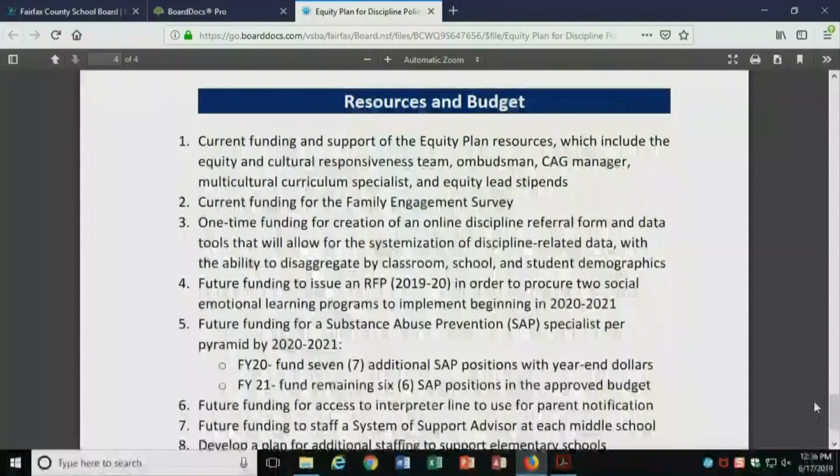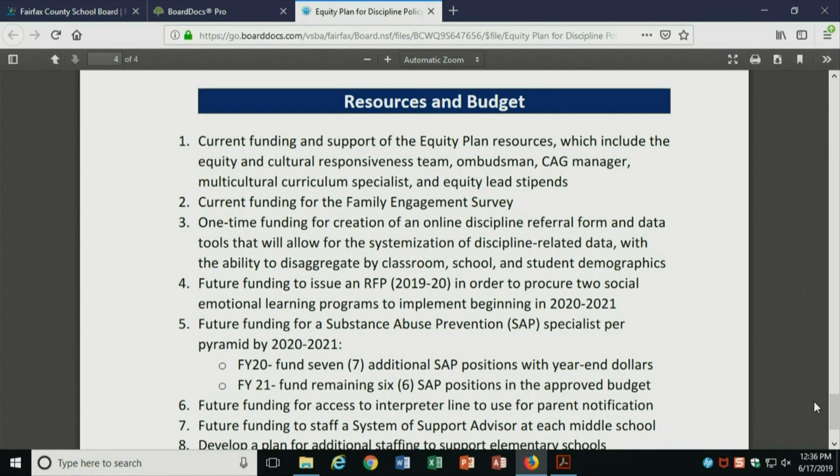So we want to look at that. A team of ours has actually gone down to Henrico County to see what they've been doing, and we want to bring back to our system a form of student equity ambassadors that we would potentially see in spring of 2020.